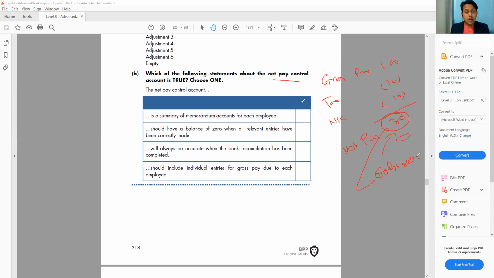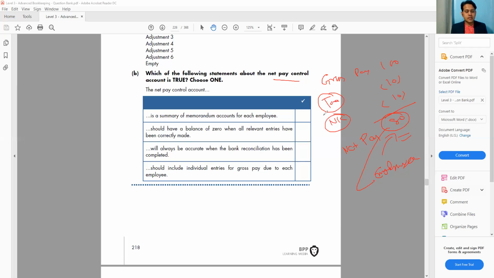No, we cannot do that. Whatever the net pay amount is, the correct amount, we have to pay to our employee immediately. For example, the tax amount and the NIC amount can have a balance carried down or brought down because we can pay later on. But the net pay, we cannot have a balance. We have to pay the employee the full amount.